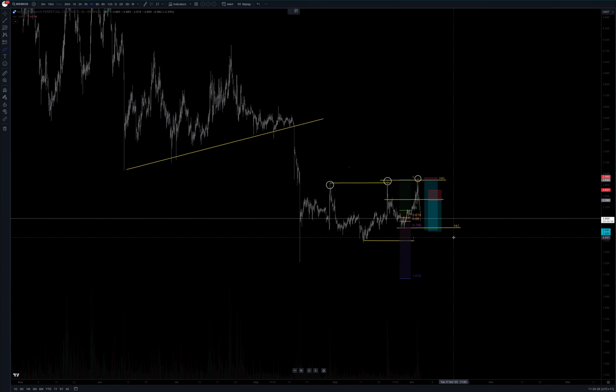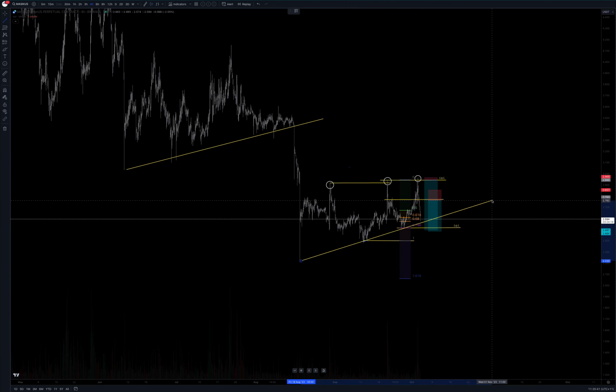There will be a point in the market where it will decide that the lows will be higher lows. In this case, we are having that. So we're having higher lows, and maybe that was set from that level there.